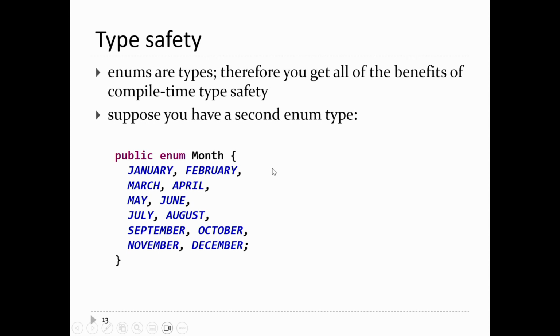You can now make a method that takes in a Day and does something with the day. If you try to pass it a Month object, it fails. The compiler won't compile your code. The method needs a Day. If you try to pass it February, that's a month, so it no longer works. That gives you your type safety, which is a big benefit compared to the int or string style enumerations.